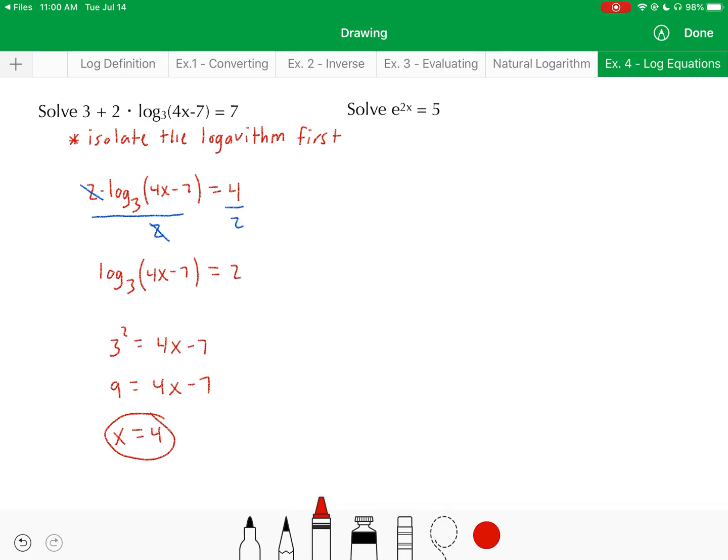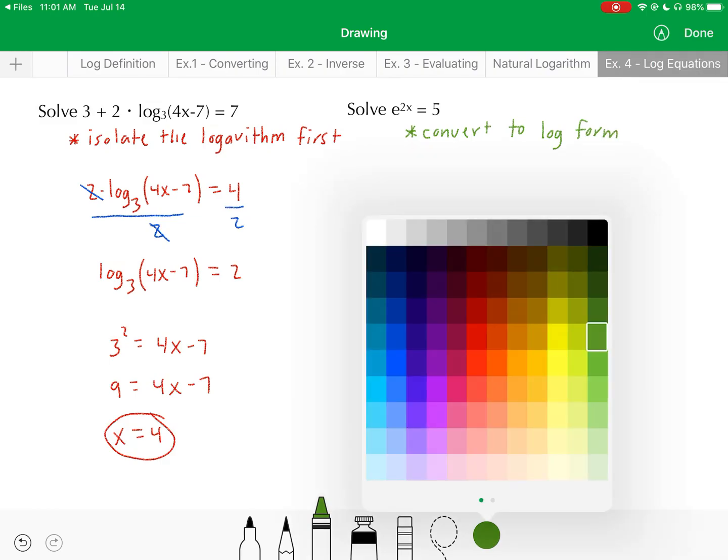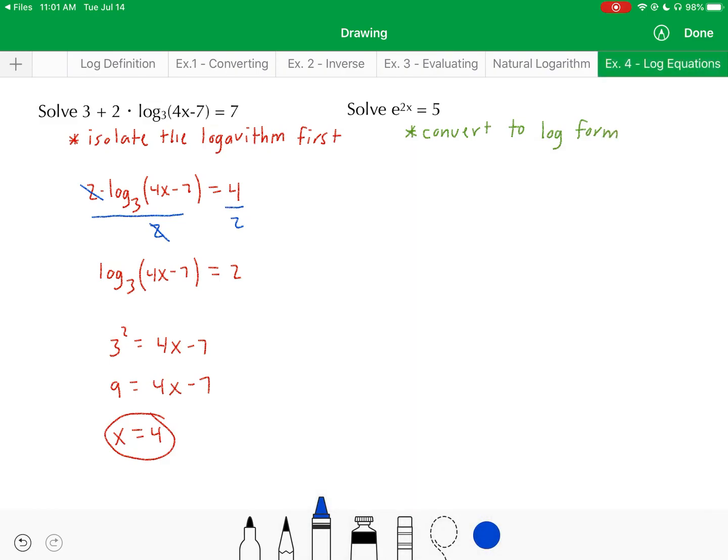So for this one, it would be beneficial to convert to your logarithmic form first. If I do that, that would be log base e of 5 is equal to 2x.